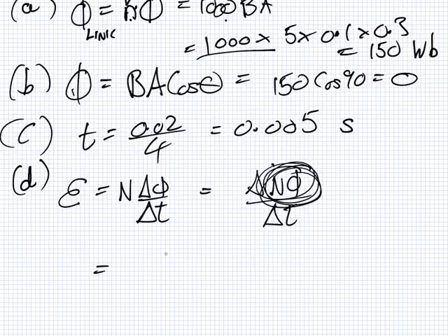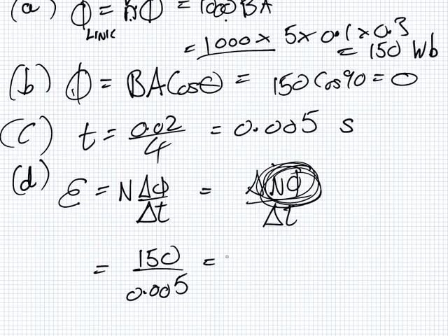So we go from having no flux, 0, to 150 Webers. So that's a change of 150 Webers, divided by 0.005 of a second. Why is it the time for just that part? Because I'm only looking at it going from the vertical to the horizontal.